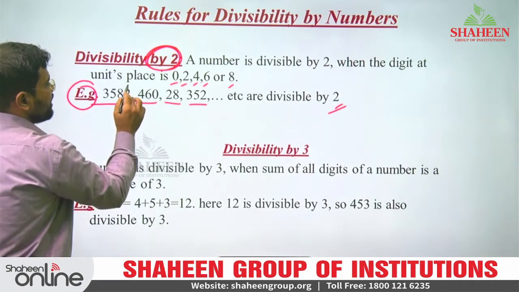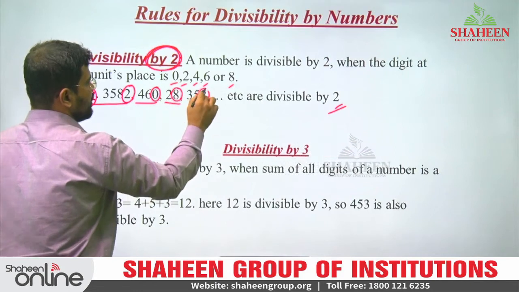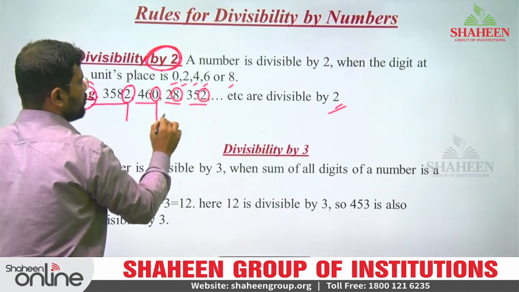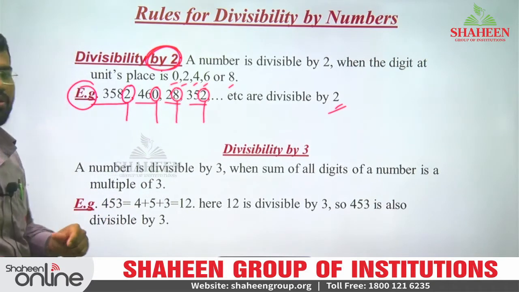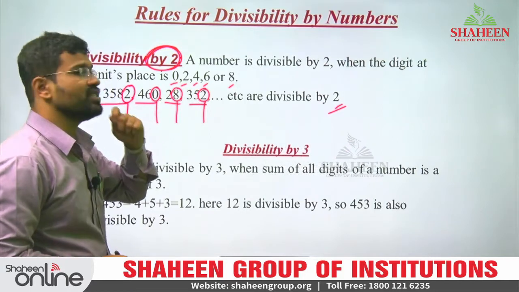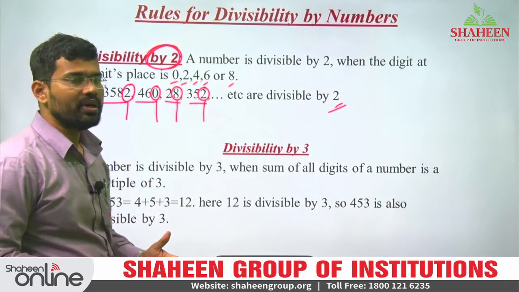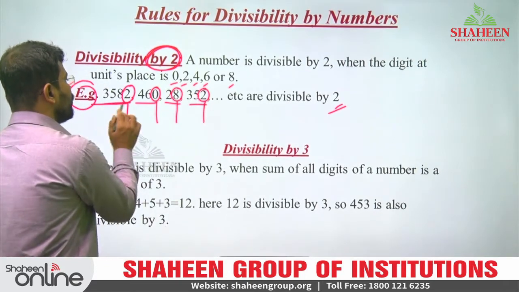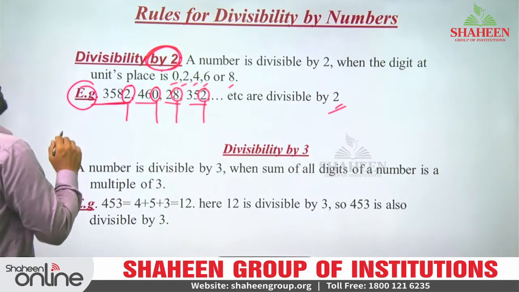So if you see here, the unit place is 2, it is 0, it is 8, again it is 2. So if you find 0, 2, 4, 6 or 8 at the units place in the given number, then I need not check and verify with 2 whether that number is divisible by 2.